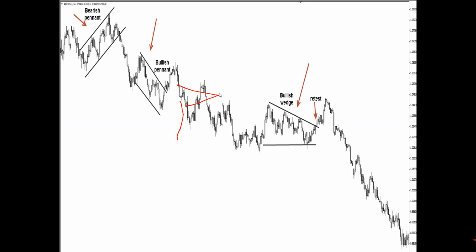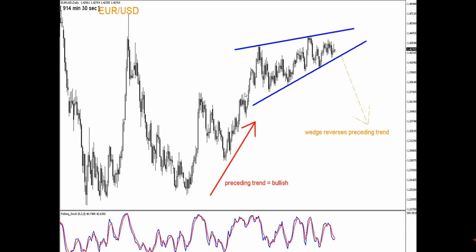We go step by step from the most simplistic to the more complicated. For the time being, just memorize this kind of stuff. We will talk about those advanced patterns in one of the next webinars on price action. Again, you can see a wedge in this example, a rising wedge, bearish price action.